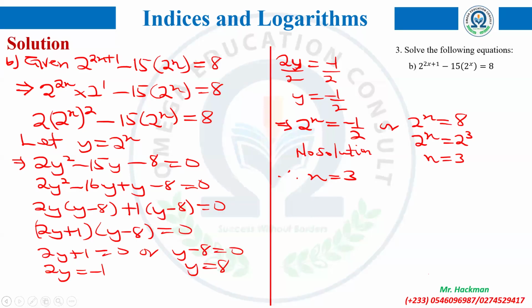When factorization fails, we have to resort to the quadratic formula or the method of completing the square, but preferably the quadratic formula, because formulas are supposed to make our work easier.